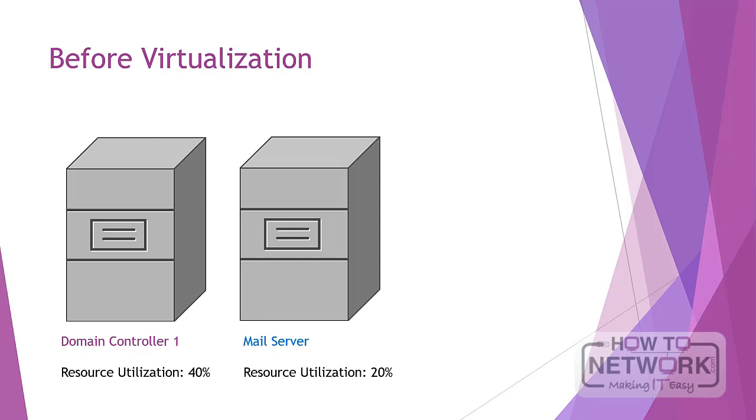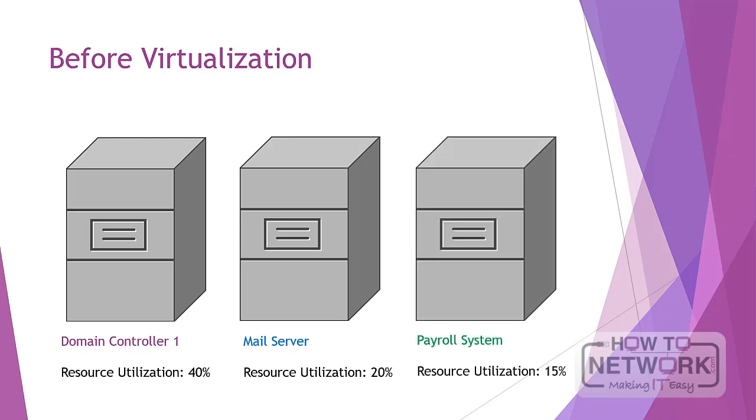Then you had your mail server. And as it turned out, you needed a mail server, but your company was still pretty small, maybe. So the resource utilization of that physical server to host an email server just went up to 20%. And then you had your payroll system, which again, having not a lot of data on it, came to a utilization of 15%.